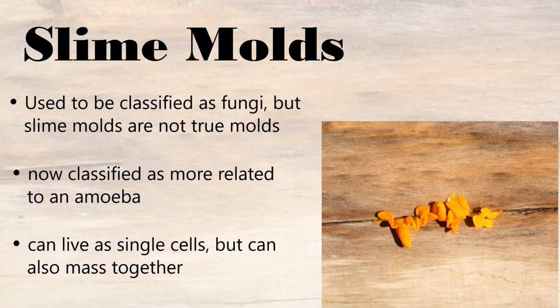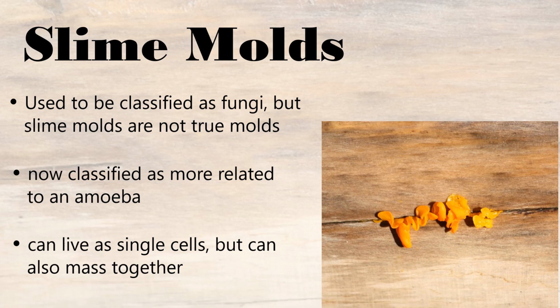The last thing that we'll talk about as far as protists are slime molds. And we're not going to go into any depth with slime molds, but basically they used to be classified as fungus, as fungi, but slime molds are really not true, and they're not true molds either. They're classified being more related to that amoeba that we talked about.